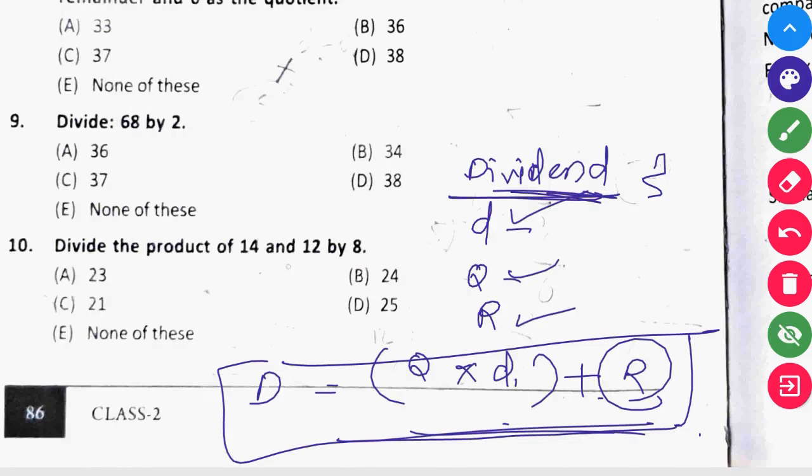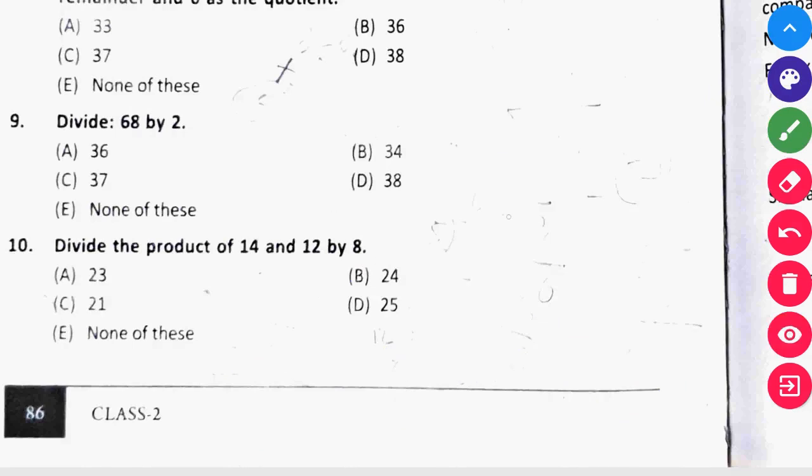Okay. Now divide the product of 14 and 12 by 8. What you have to do here is first find the product of 14 multiplied by 12, and then divide it by 8. The 12 table you all know. 12 ones are 12, 12 twos are 24, 12 threes are 36, 12 fours are 48. 8 will remain at the bottom and 4 will be carried forward. 12 ones are 12 plus 4, 16.